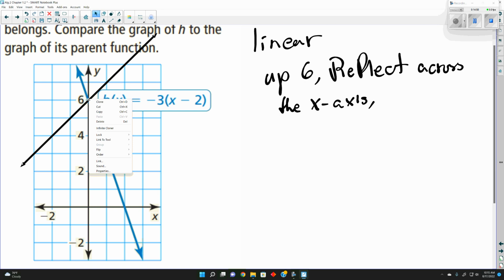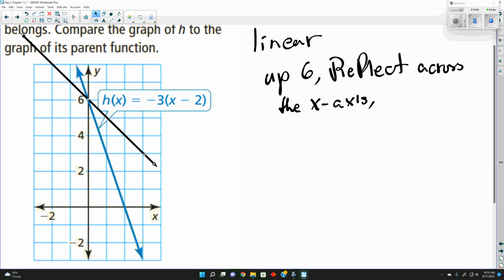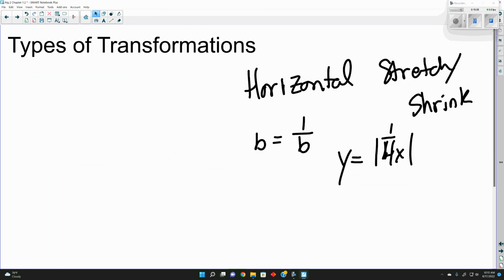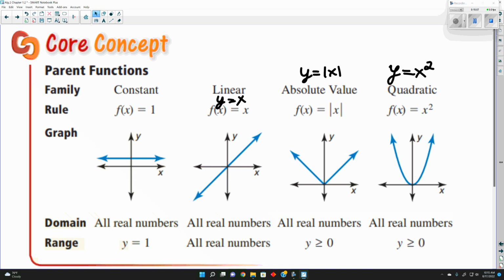There it is. Flip. Up, down. Okay. So we got that, yes? So now it looks more like it's supposed to. It's going down, yes? So the parent function is y equals x. So that's our function.